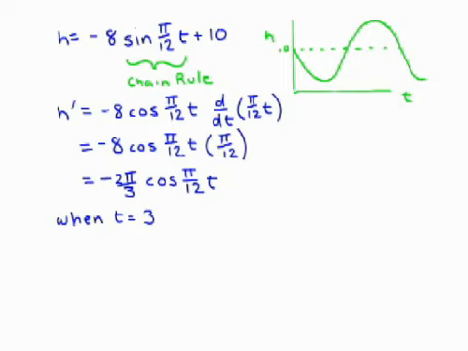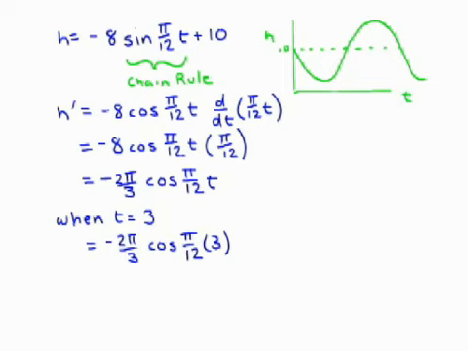We'll have on our first line -2 pi divided by 3 times the cosine of pi divided by 12 times 3. Well, 3 times pi divided by 12 would give me a 3 pi divided by 12, which can be reduced to a pi divided by 4. The cosine of pi divided by 4 can be found using our unit circle, and we end up with a √2 divided by 2.